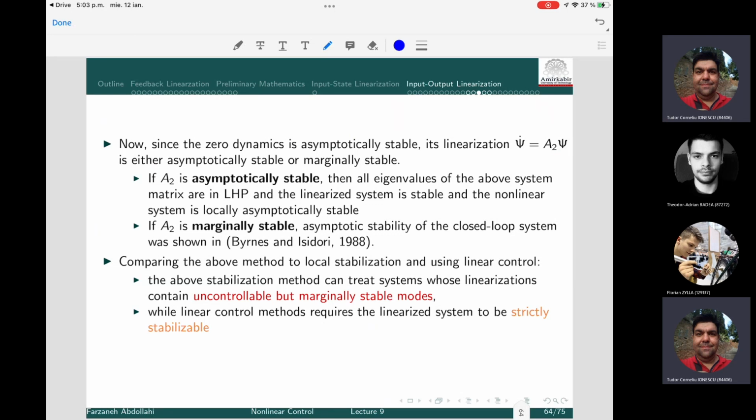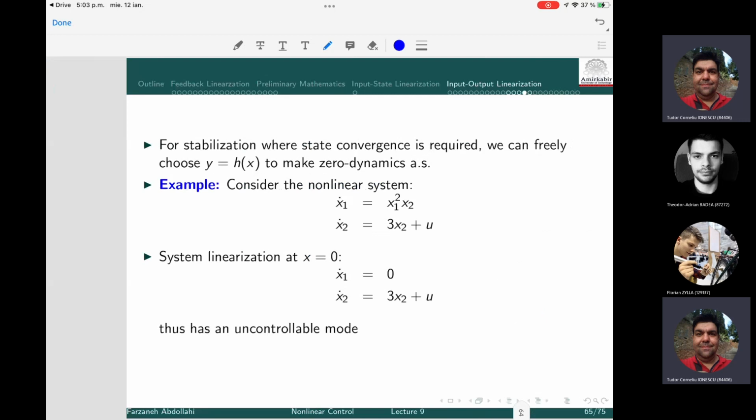That means that all the uncontrollable modes of the system need to be stable. Whereas in this nonlinear theory, you do not need that. You do not need asymptotic stability of the uncontrollable modes, but they can also be marginally stable. So probably close to the imaginary axis, or even on the imaginary axis, which was not possible in the linear theory.